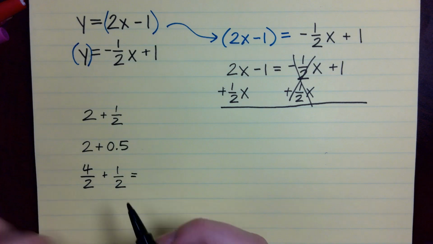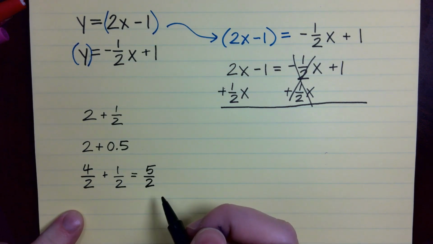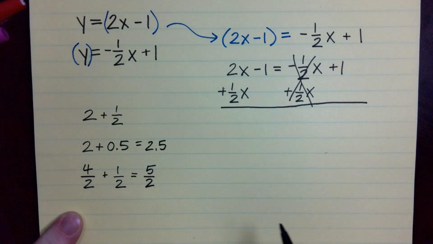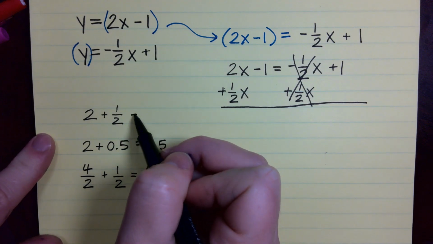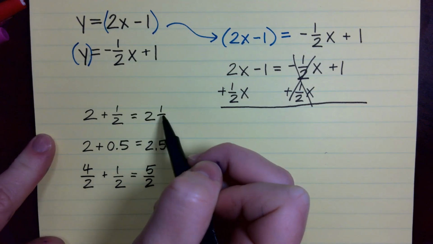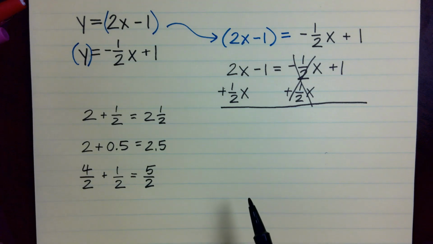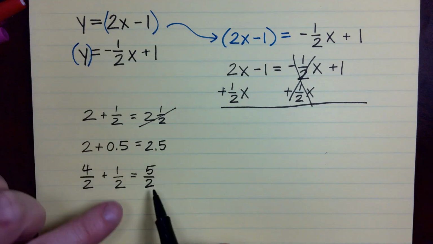You could either get what Jeremiah said, 5 over 2 if you want to keep it as a fraction. You could get 2.5 if you prefer decimals. Or you could have a mixed number, which I would not suggest. Mixed numbers are a little tricky to play with whenever it comes to algebra. So I would really suggest either one of these two.